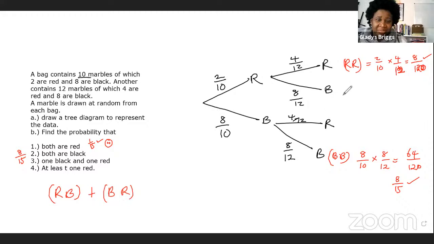Red and black is here 2 over 10 times 8 over 12. Black and red is here 8 over 10 times 4 over 12. So let's do that.